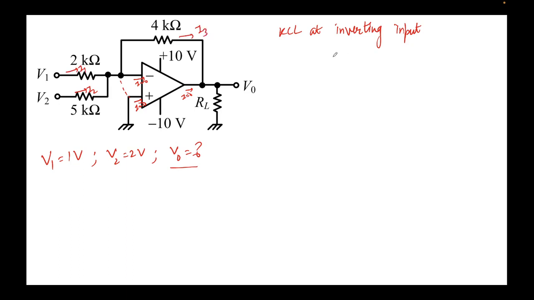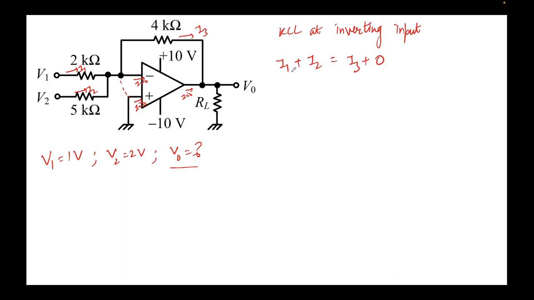What does KCL say? Incoming current equals outgoing current. So incoming current is I1 at this node, plus incoming current I2. Outgoing current is I3 plus 0, since no current is going here. So I get I1 plus I2 equal to I3.